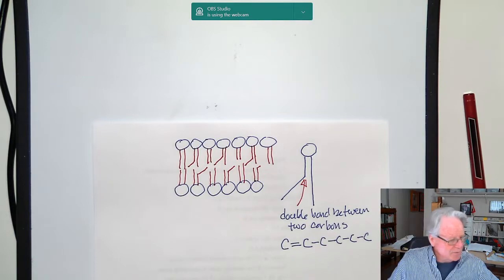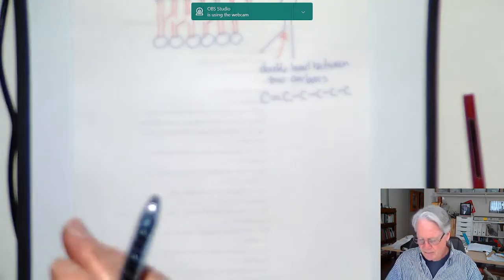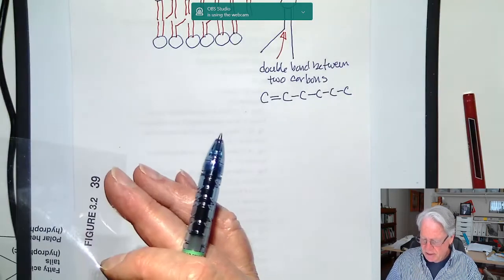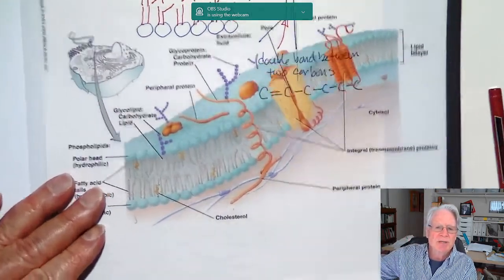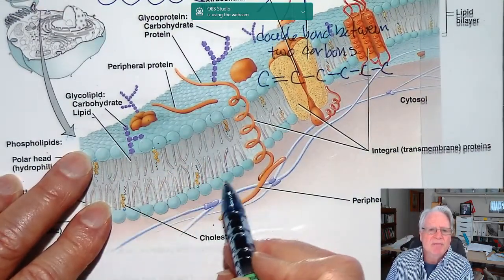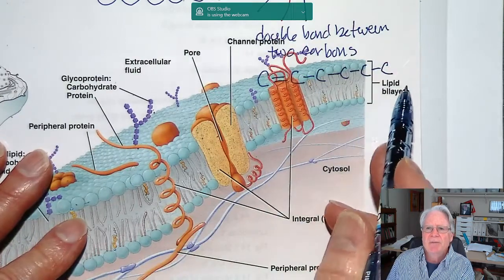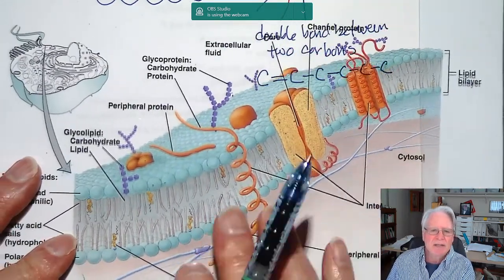Okay. Now let's come back to that image and reinforce that idea by looking at the image again. I'm going to zoom in a little bit now. So there is the lipid bilayer. They've shortened it. It's phospholipid bilayer, but that's okay.